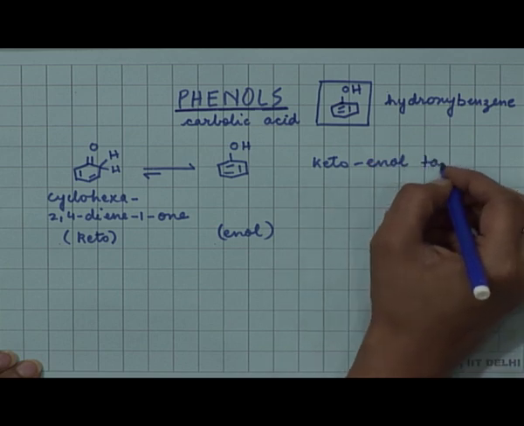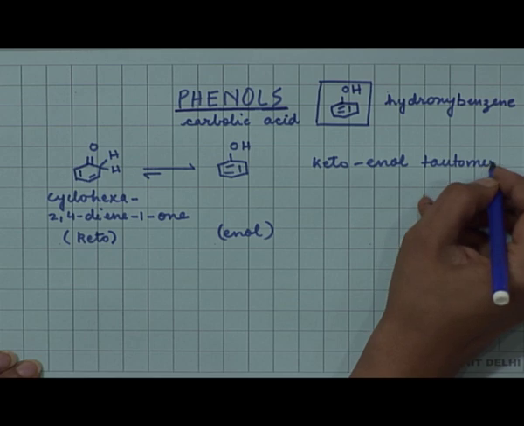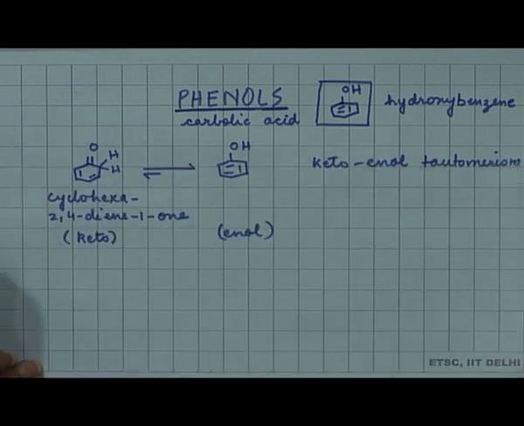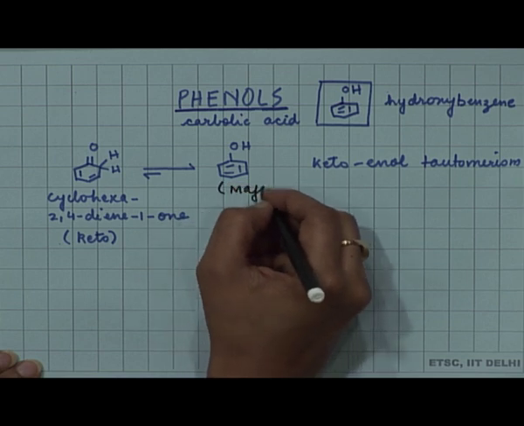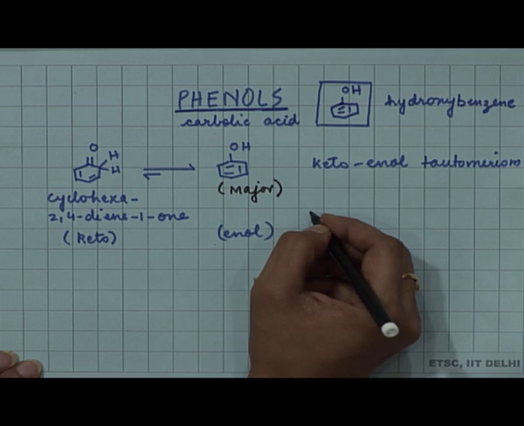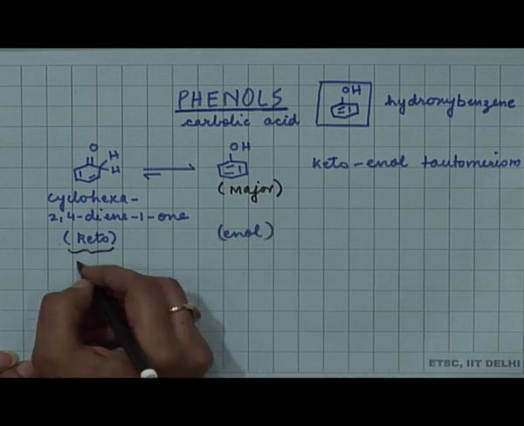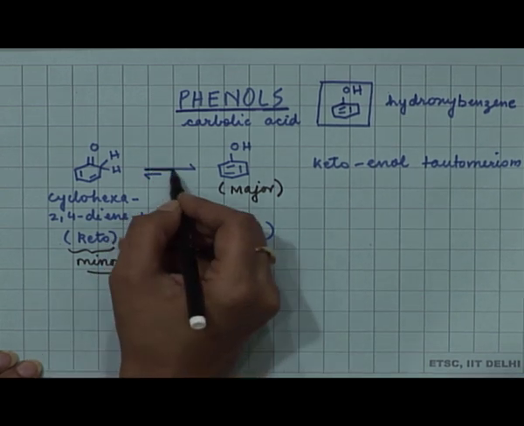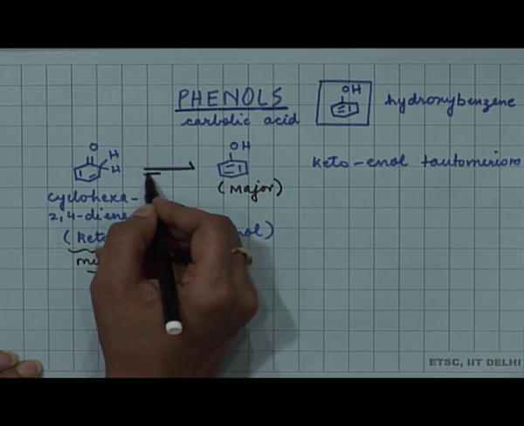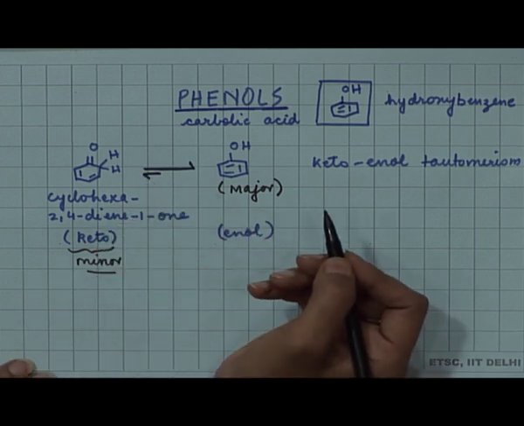So, Keto-Enol Tautomerism exists in case of phenols, and the enolic form, that is the phenol in this case, is the major contributor, and the keto form contributes in a minor way. That is why the equilibrium is more towards the enolic form and less towards the keto form.